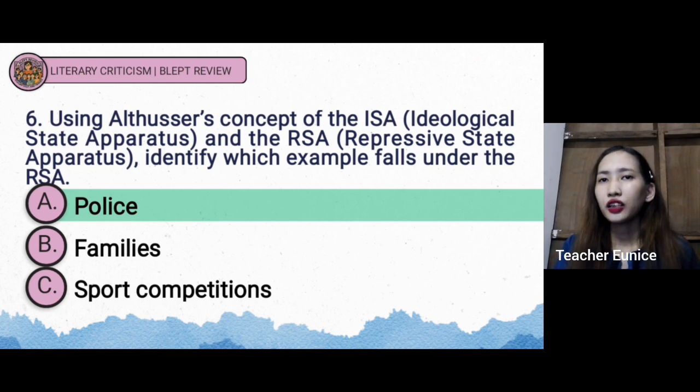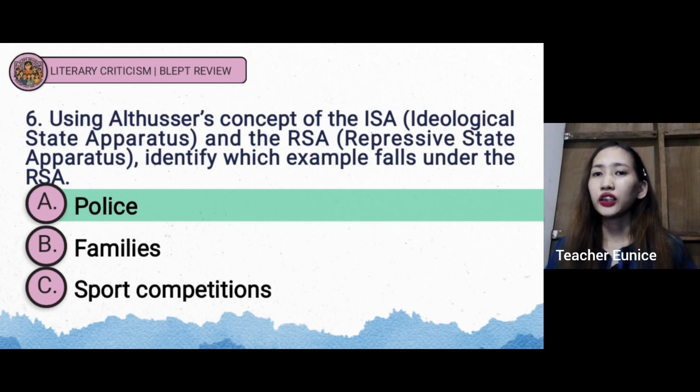On the other hand, families and sport competition fall under ISA because family teaches us the ideology that we need to respect our parents and the elders. And sport competition teaches us the ideology that when having a sport competition, there should be sportsmanship involved.